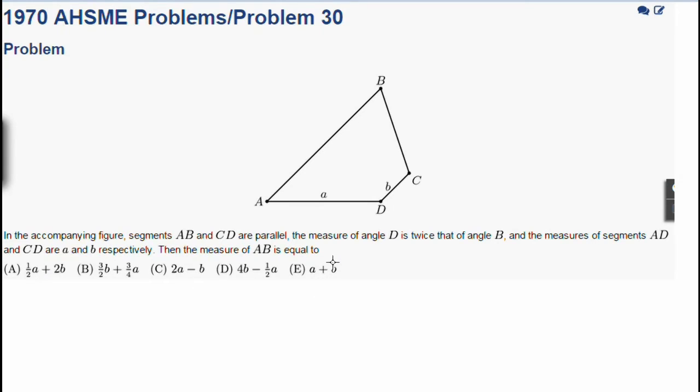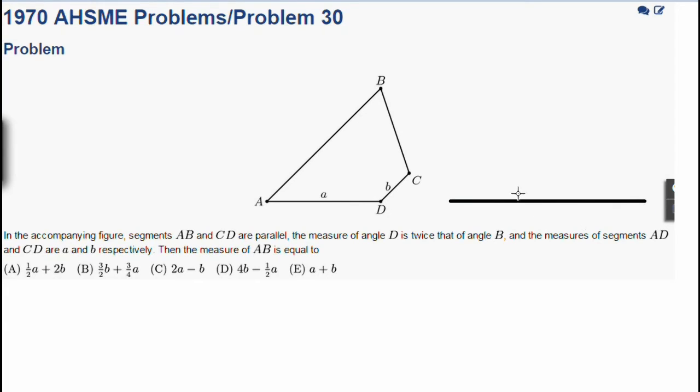So no matter what angle D and angle B are, the measure of AB must be equal to some expression in terms of A and B, the same thing for any trapezoids that share that angle property. And because of this, we know there's only one possible answer, no matter what the angle D or angle B are, as long as they fit that property, we can actually sub in our own values. So let's just try that.